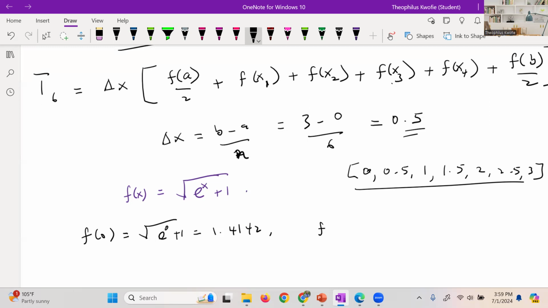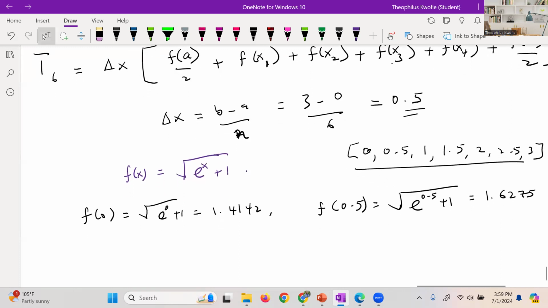So our f of 0.5, we just plug it into the integrand, and that should give us 1.6275.